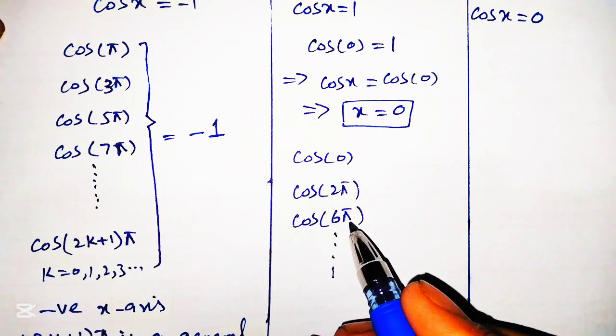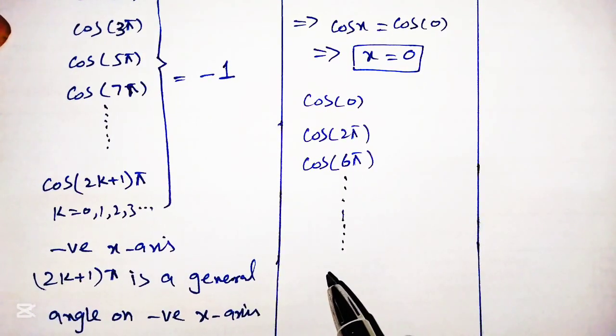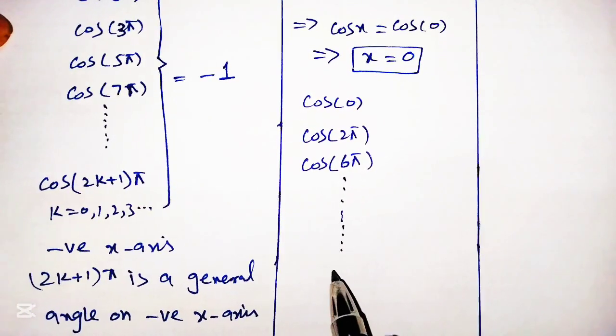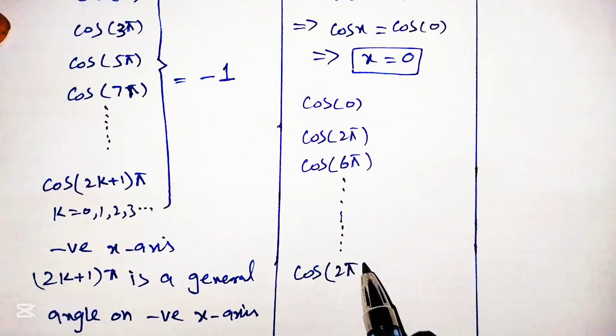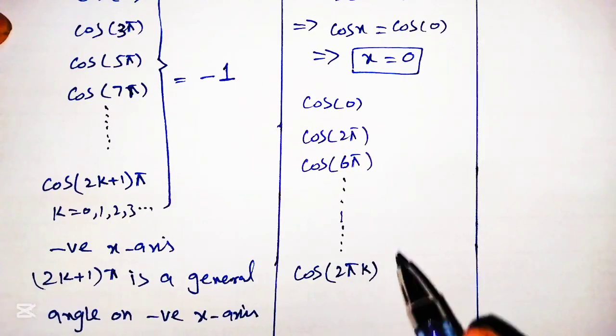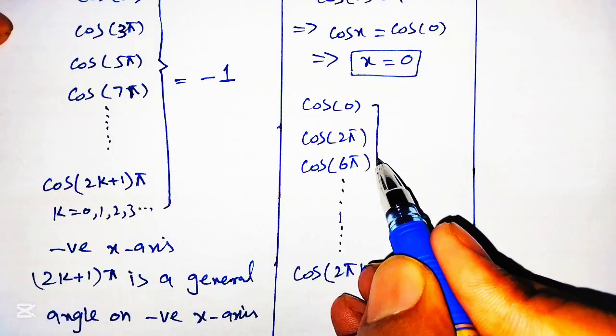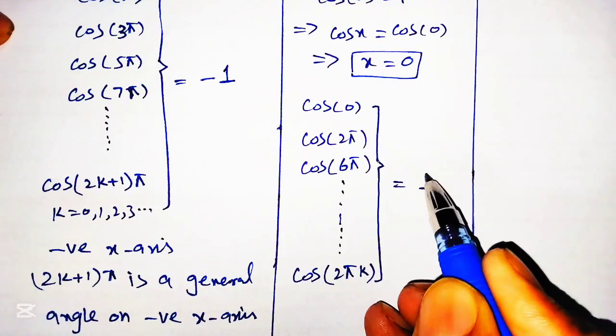These are the angles on the positive x-axis, and these are the cycle of cosine for the value of 1, and in general we can write it as cosine of 2k pi, and on all these angles the value of cosine is equal to 1.